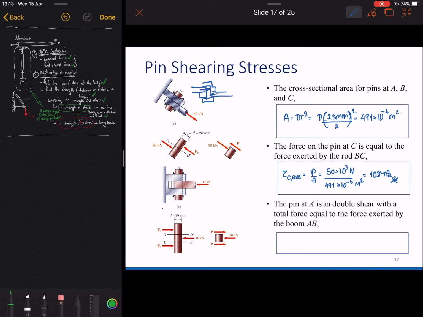Next is pin A. Pin A has double shear there. Then tau A is equal to P over A, and here we reduce the force to 20 kilonewton over 491, equal to 40.7 megapascal.